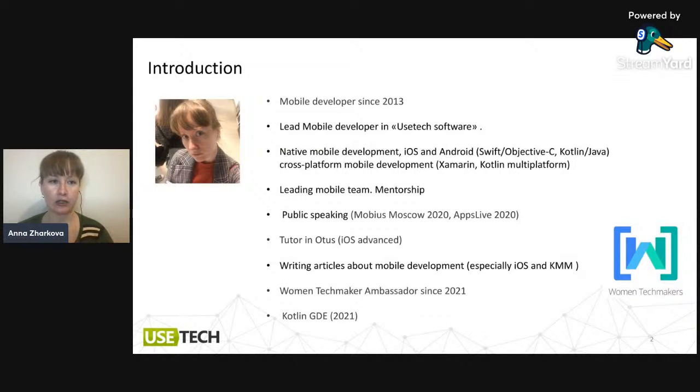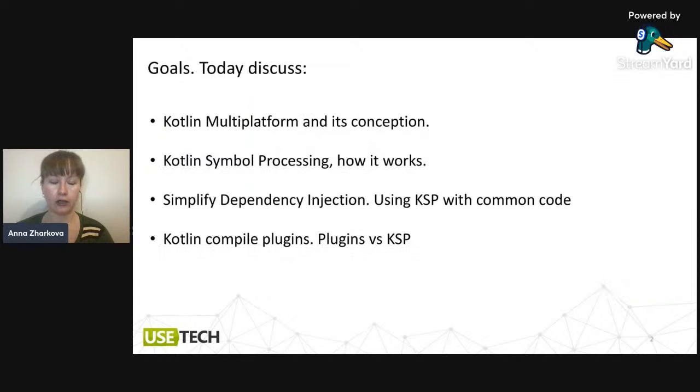I'm just learning it. So let's take a look at what we will talk about today. At first, a small introduction to Kotlin Multiplatform and its concept. We will talk about this technology, and then we will take a look at two approaches to optimize the work in Kotlin Multiplatform and especially in its common code.